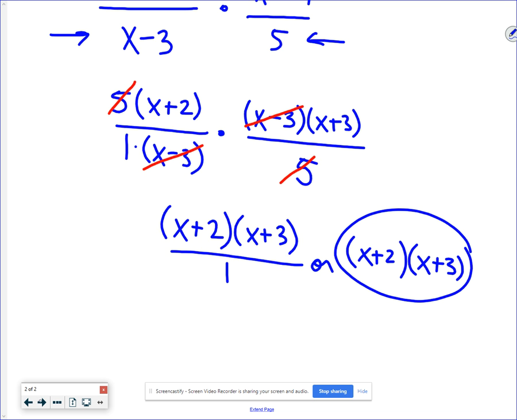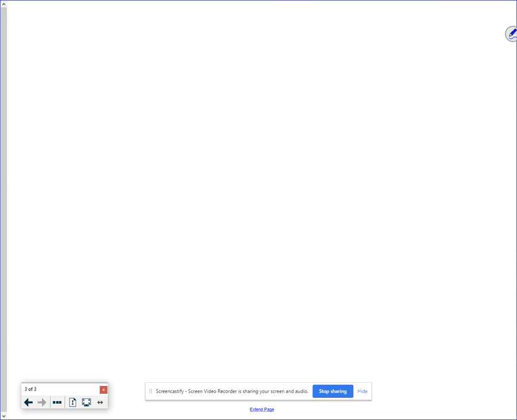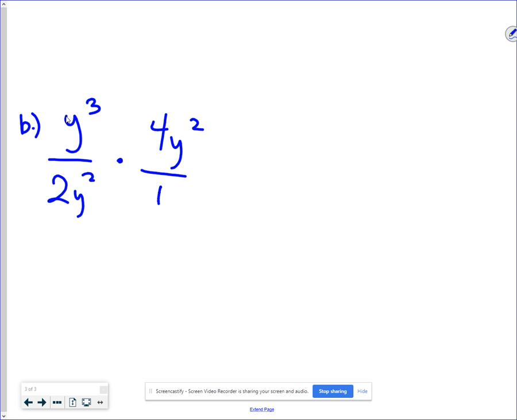Let's try another one. So let's look at this one. y cubed over 2y squared times 4y squared over 6. Well, on this, all our numerators and denominators are monomials, so they're basically factored already.